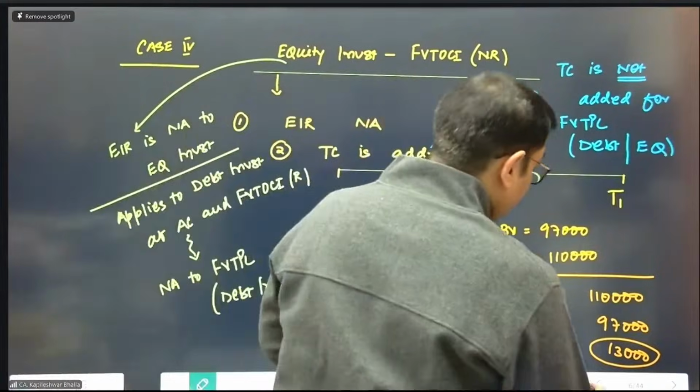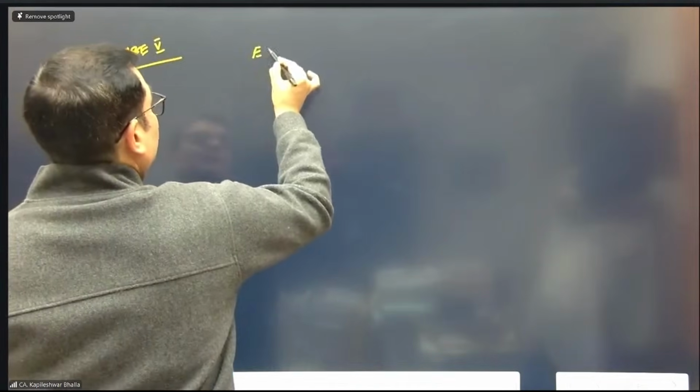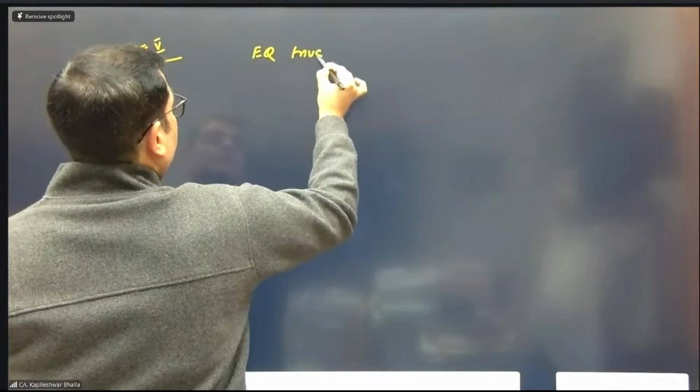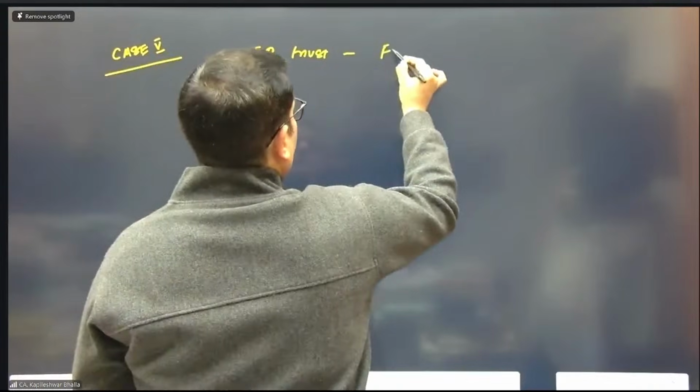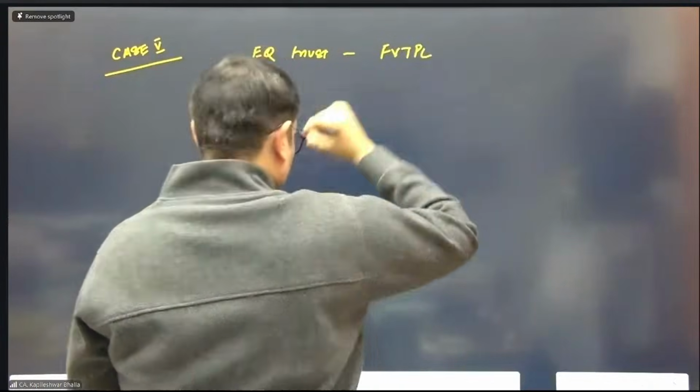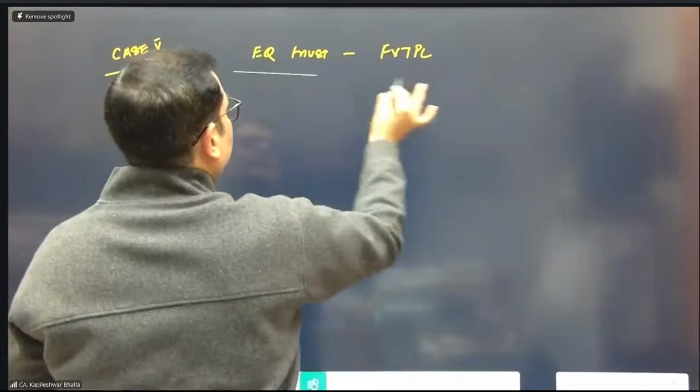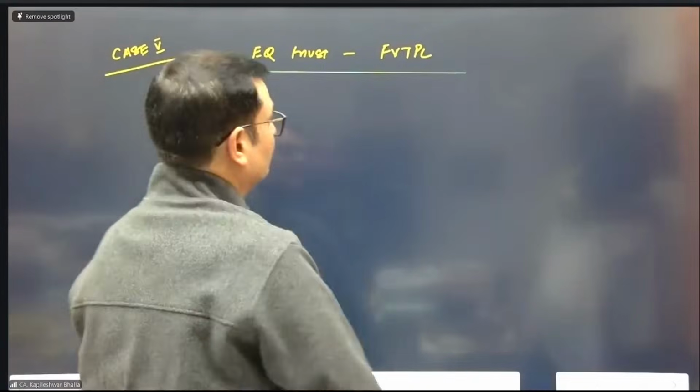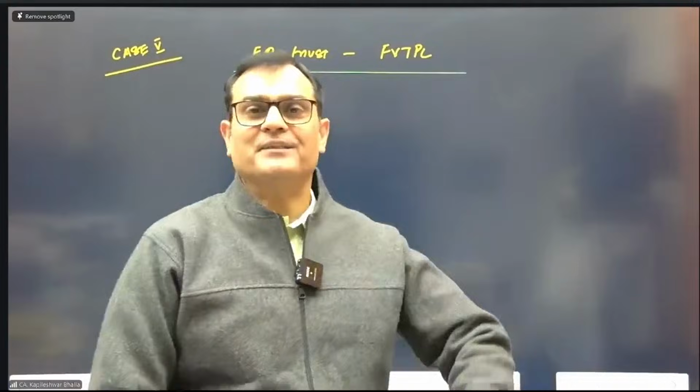Great. Let's go to case number 5 now, which is now the case of equity investments. And please revise these cases well. Once you look at the comparative position of how the accounting is done in all these 5 cases, trust me, you're going to get clarity.